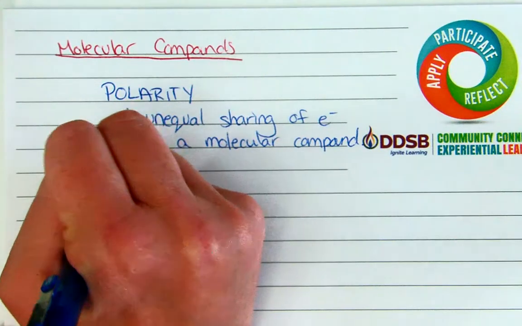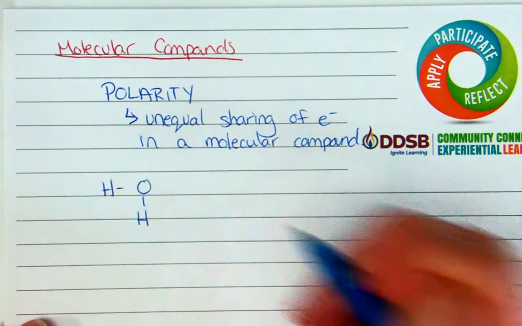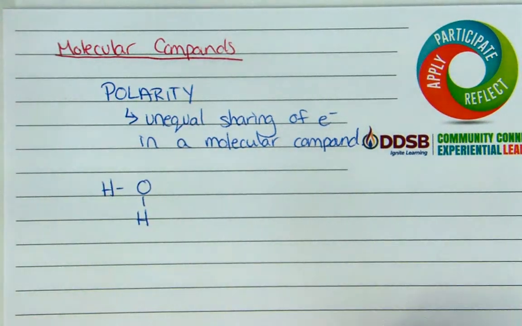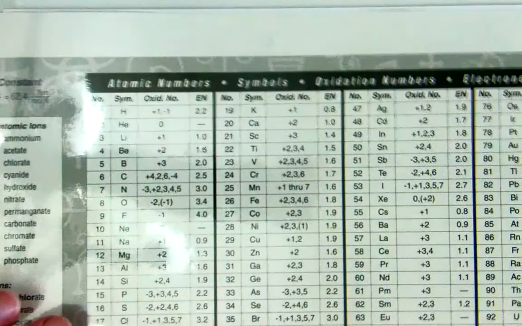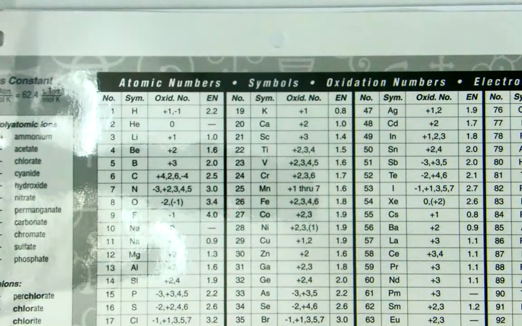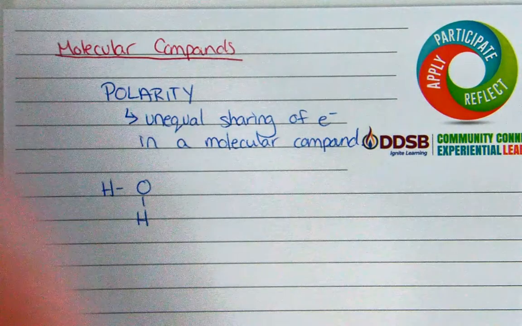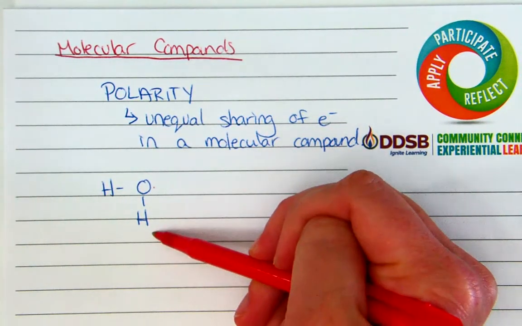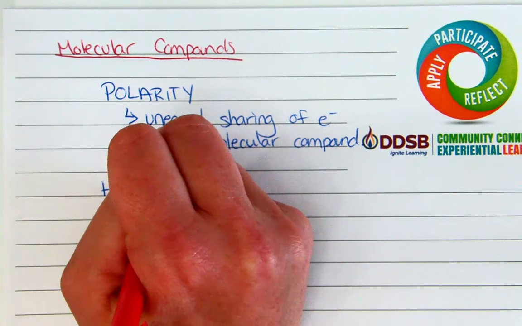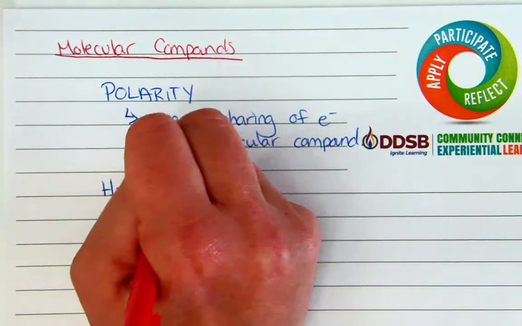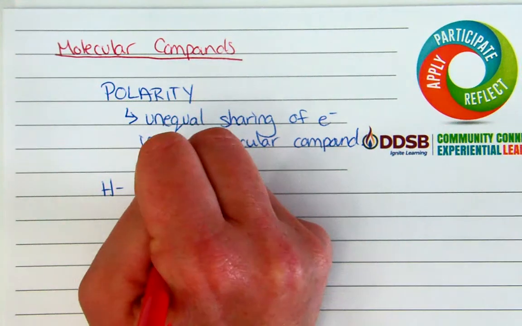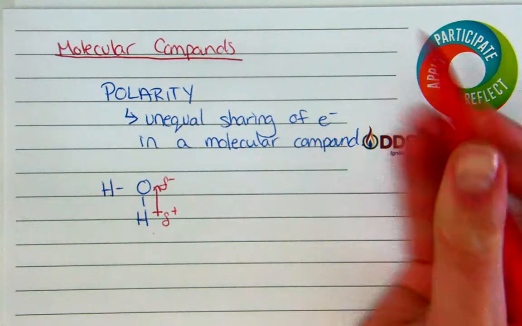So if we look at a water molecule, this is where we need to look at our electronegativity. Oh, on the back of that periodic table. So many resources available to you guys. Oxygen has a higher electronegativity than hydrogen, so that means it is pulling those electrons slightly closer to the oxygen atom.